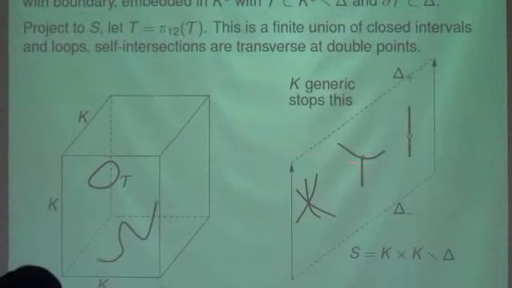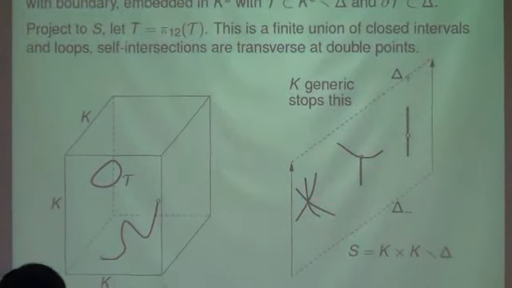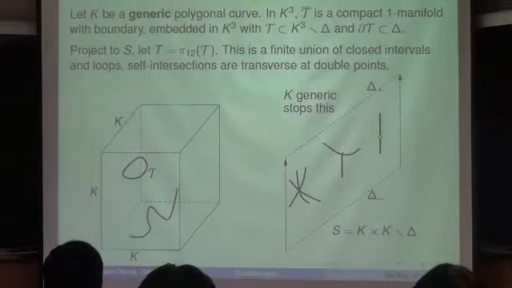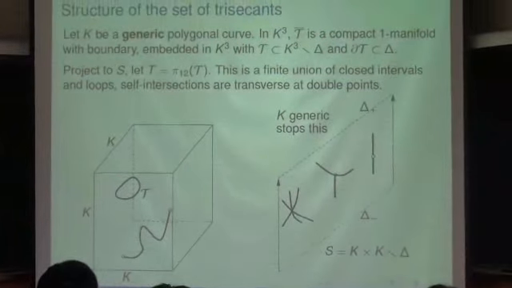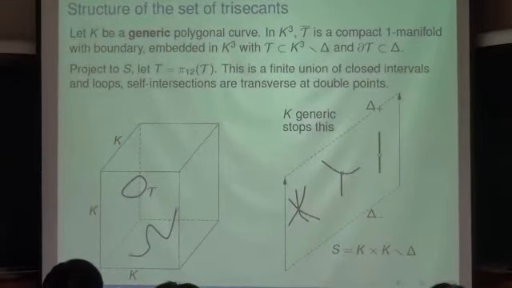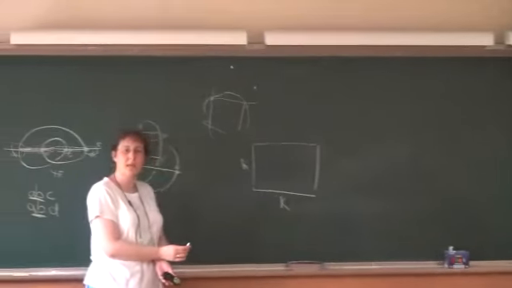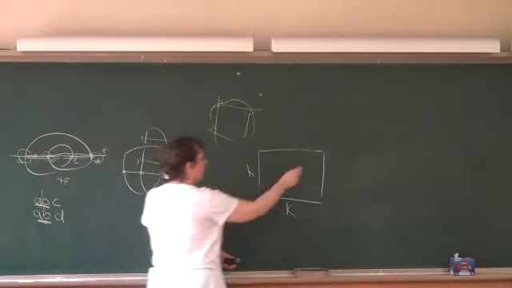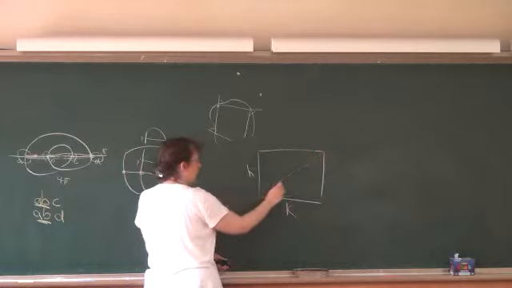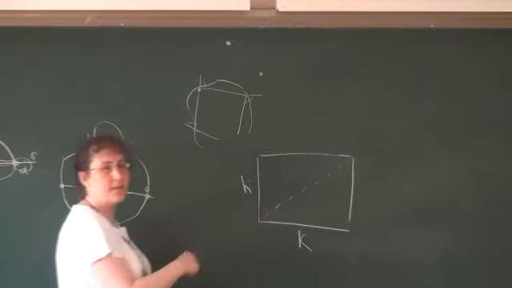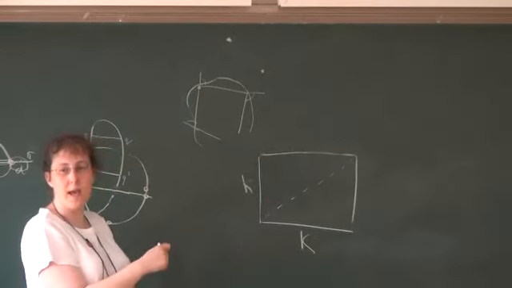So what does this picture mean? This is k cross k, and then this line here is the diagonal y equals x.